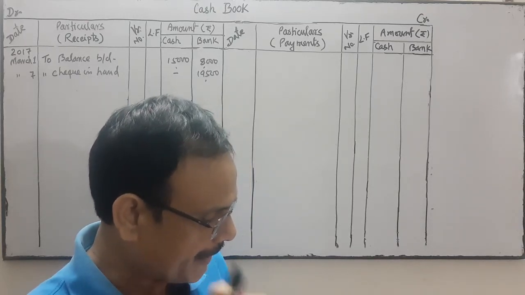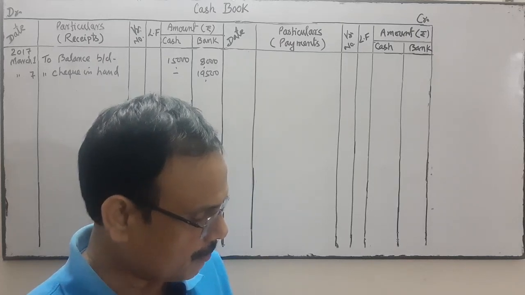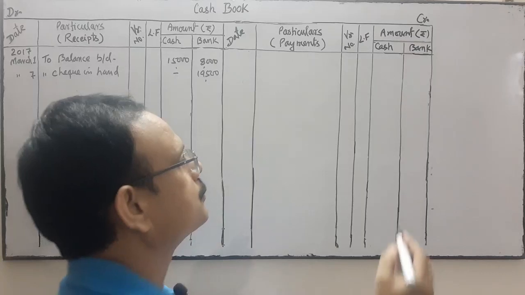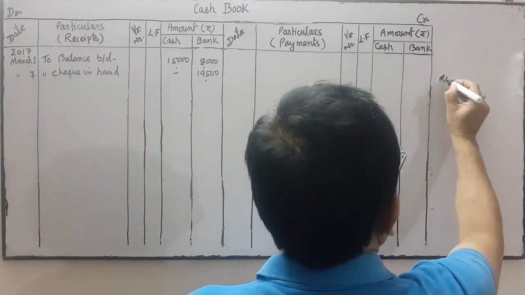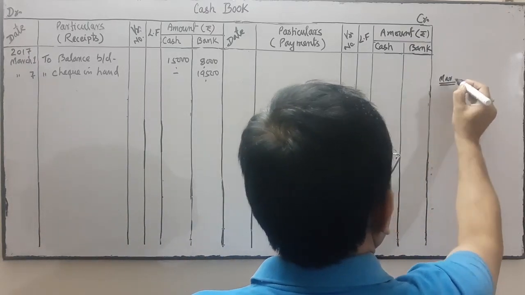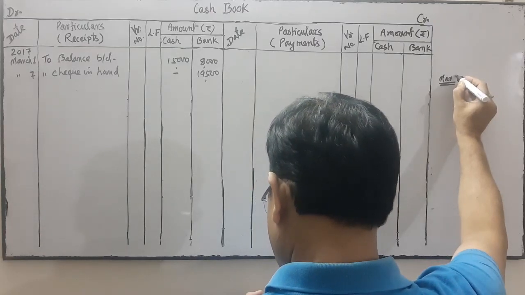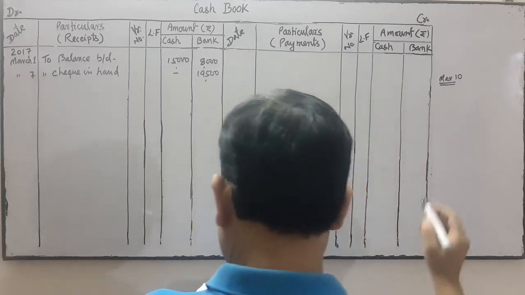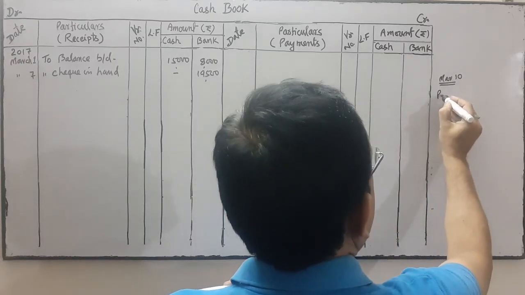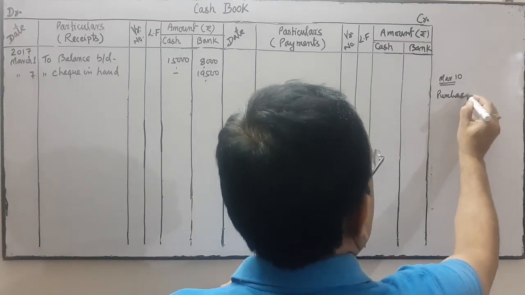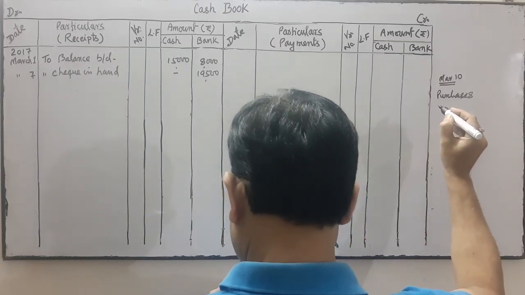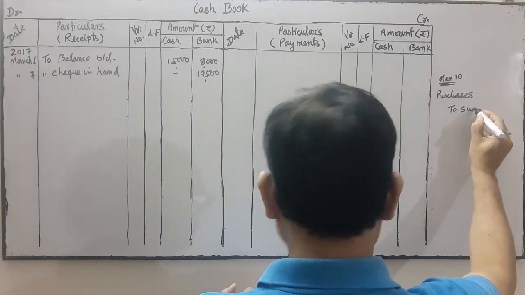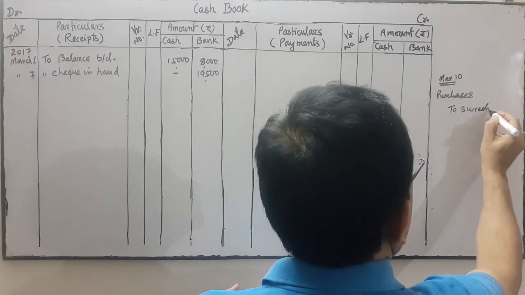So on March 10, the entry is purchase account debit to Suresh account.